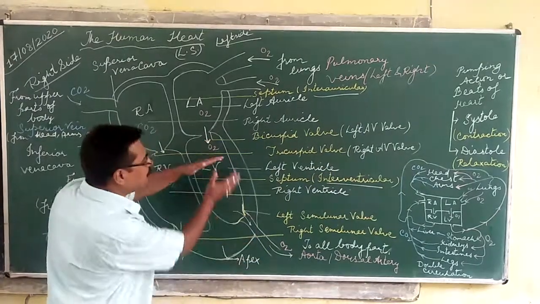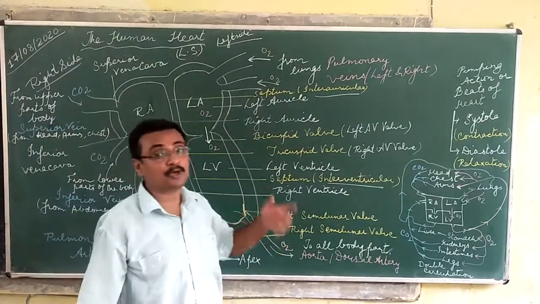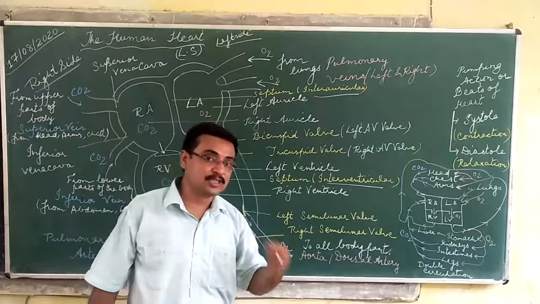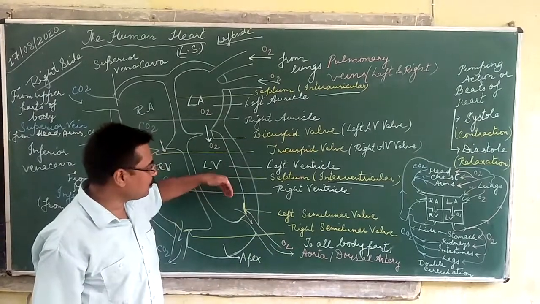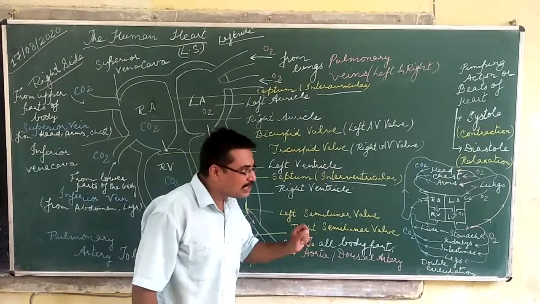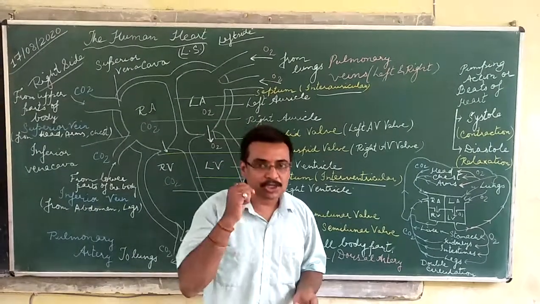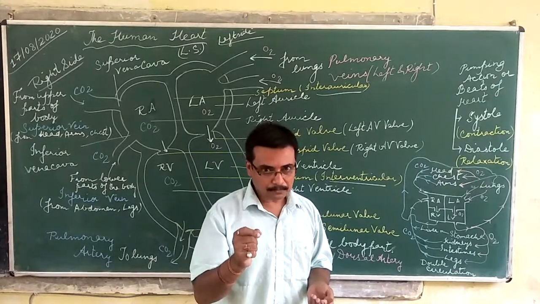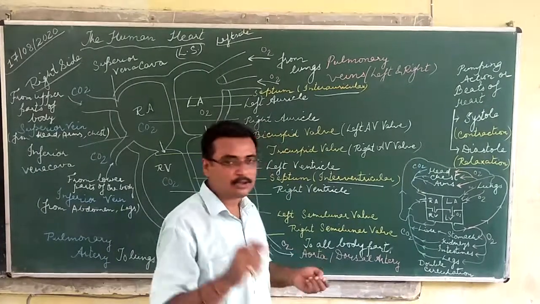So this LV will once again contract. There will be ventricular contraction, the ventricular systole, which will push the blood from the LV into this pipe. This pipe is the largest pipe of the body, called the dorsal aorta or dorsal artery.